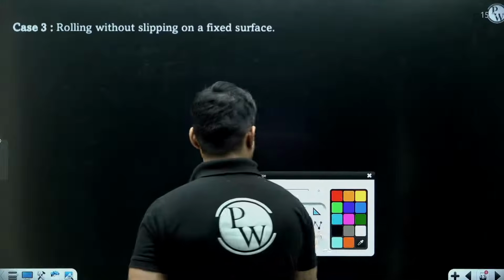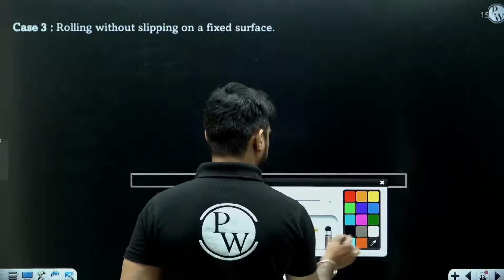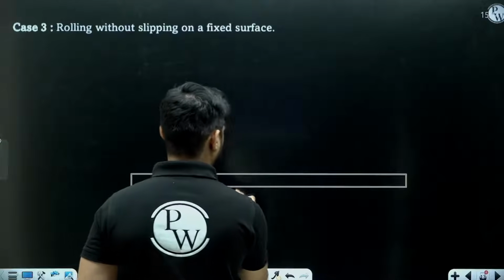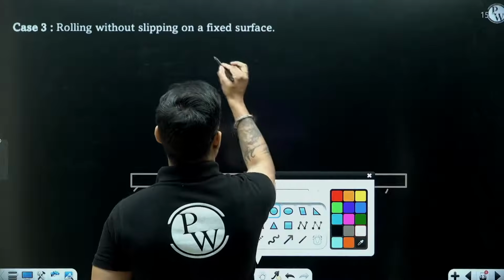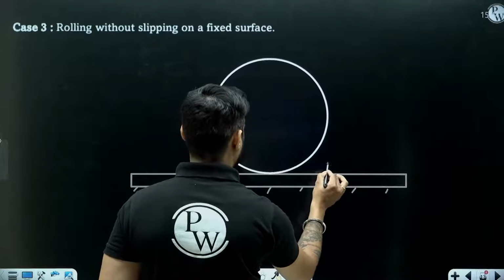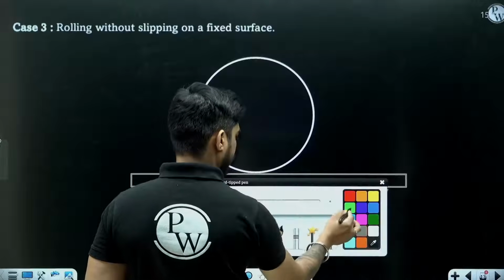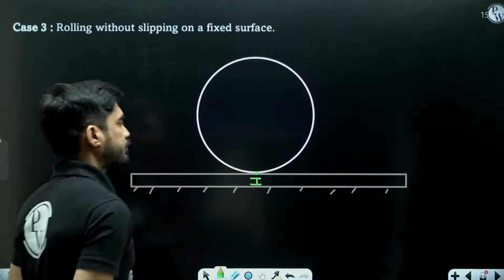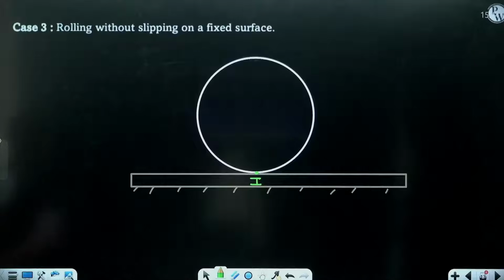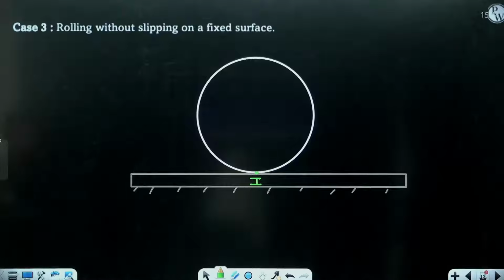Now, in case of rolling without slipping on a fixed surface, let's say this surface is fixed and a wheel is rolling without slipping on this surface, the I center is actually the point of contact, the point at which this wheel is in contact with the fixed surface will be the I center.